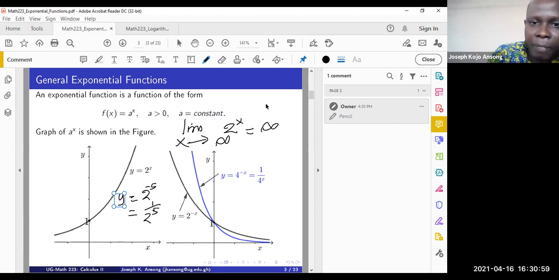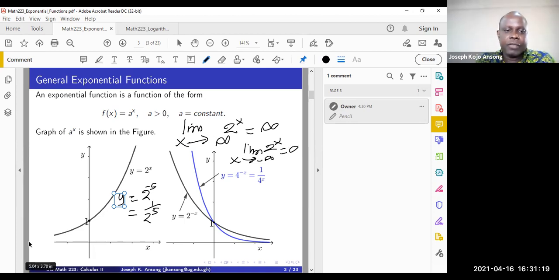And the limit as x goes to negative infinity, if you're going this way, then you expect this to go to 0, right? It gets closer and closer to 0. So that is the graph of the exponential function. Get familiar with how the exponential functions look. This is just an example of that.